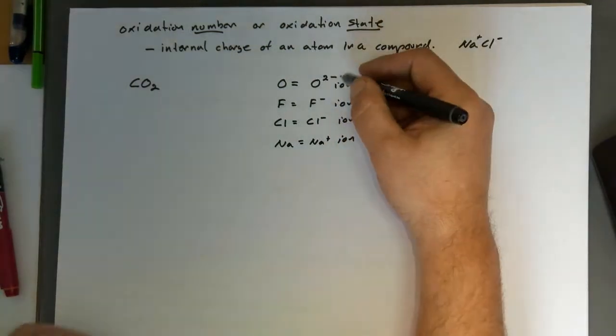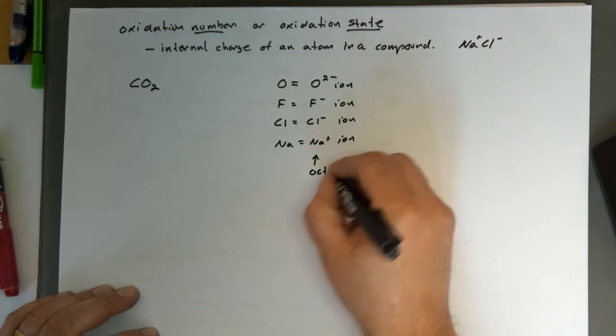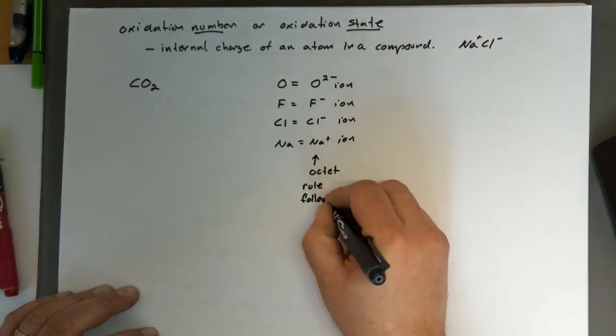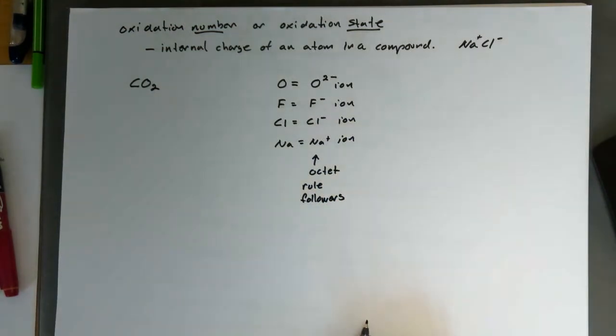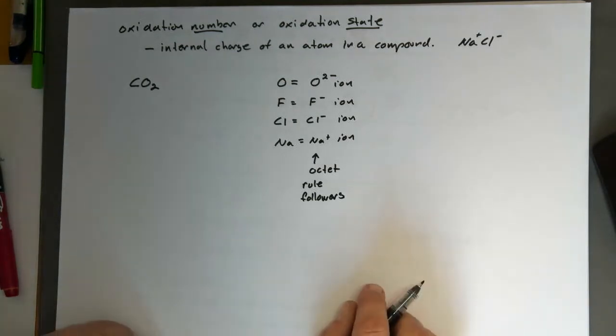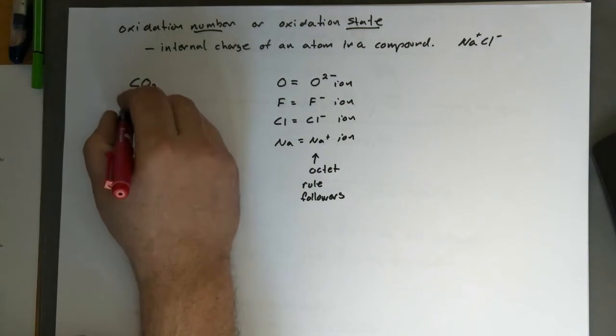So we can follow the octet rule to predict what the oxidation number is on an unknown, where we don't know what it is right off the bat.